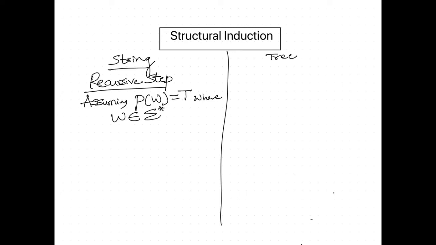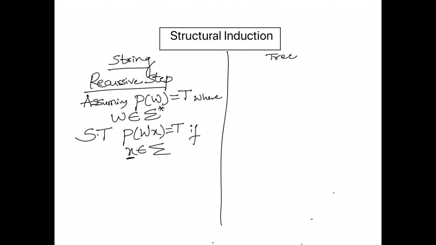Now what do I want to show? I want to show P of Wx is equal to true if x belongs to sigma. What is this sigma? Sigma means the set of alphabets, and x is a particular symbol in the alphabet.